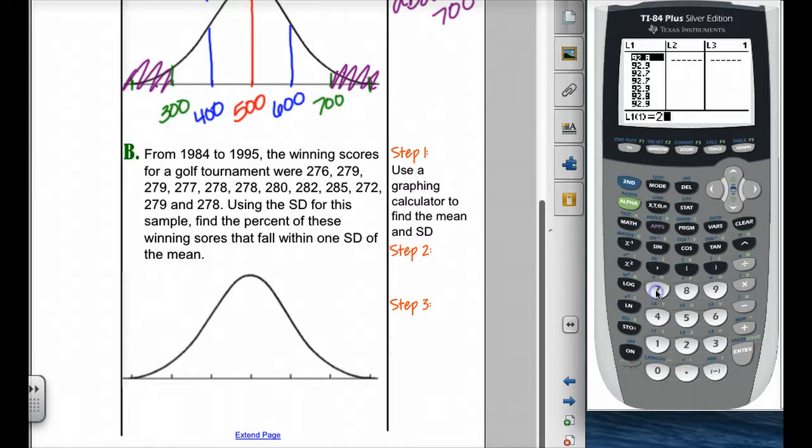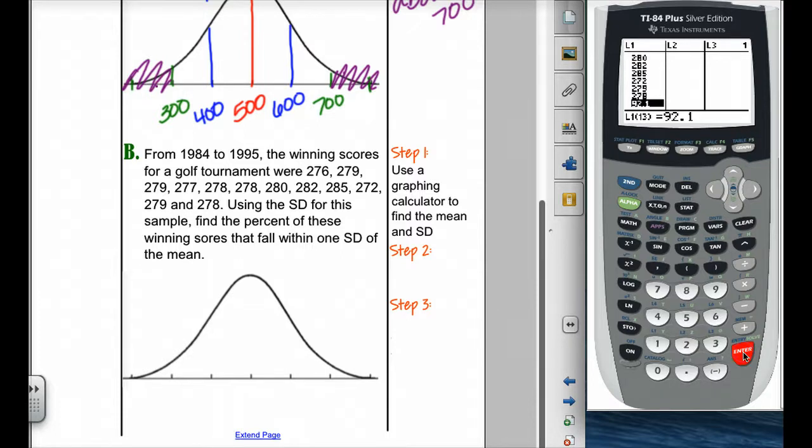So I have 276 and 279, 279 again, 277, I got 278s, and then I have 280, 282, 285, 272, 279, and 278.